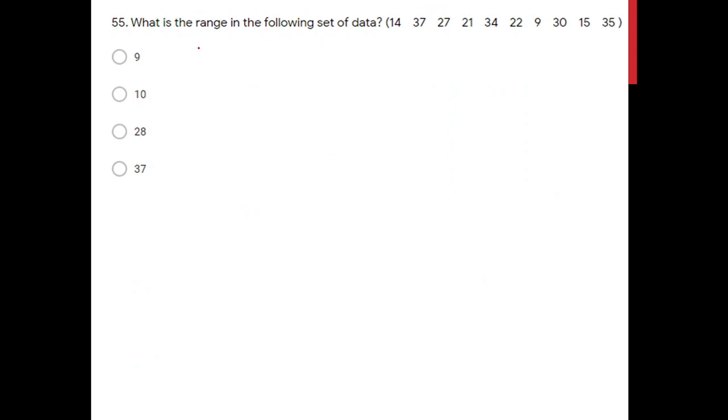Next, what is the range of the set of data? So the range will be the difference between the lowest and highest. I'll just write here, highest minus lowest. So let's arrange this one from highest to lowest.